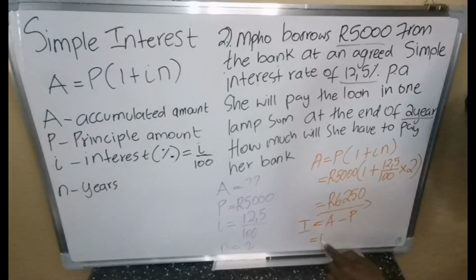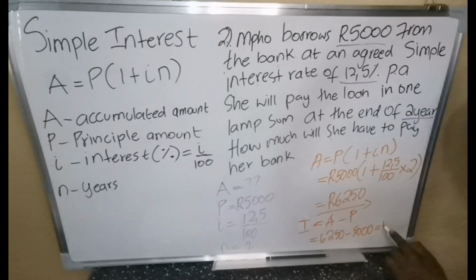So it will be 6,250 minus 5,000 rand, so it will be 1,250. I hope you guys understand. This is the interest you have to pay after 2 years. Not interest rate, but interest, or tswala in Sesotho. Tswala ke patala after 2 years, which is 1,250.